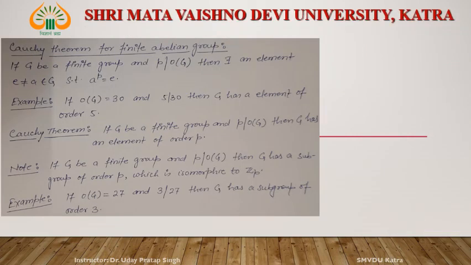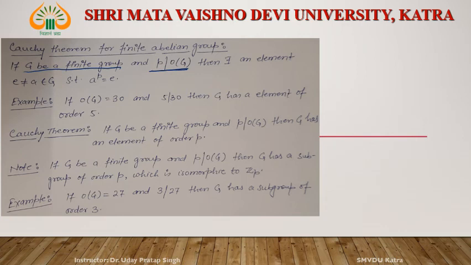See the Cauchy theorem. This is the only statement, but later on, I will also give you the proof of Cauchy theorem. But here, I present only the statement. What is the statement? If G is any finite group and P divides the order of G. What is P? P is a prime number.